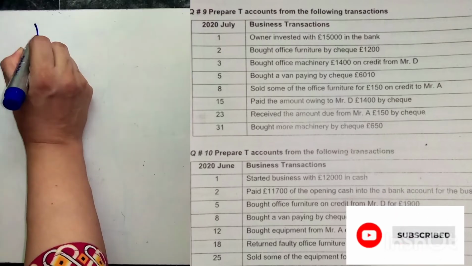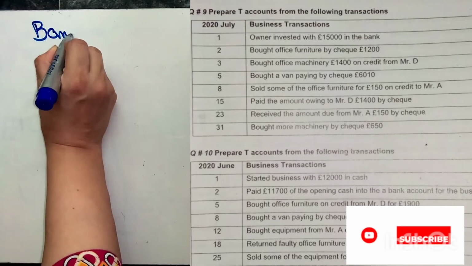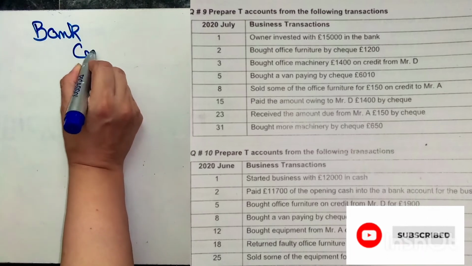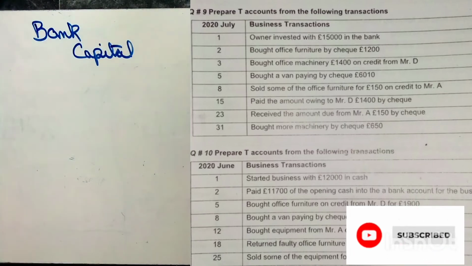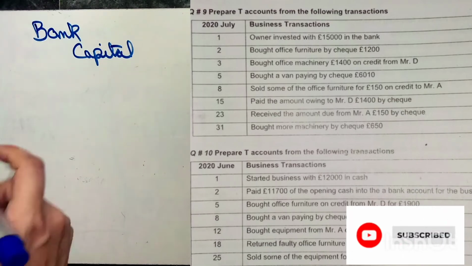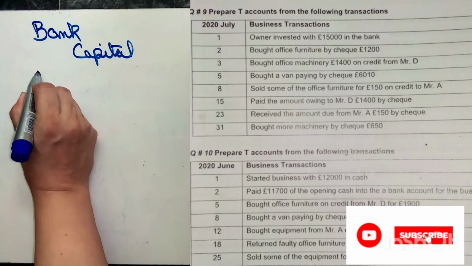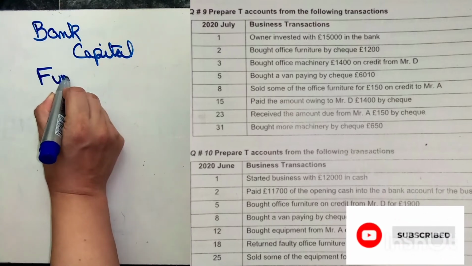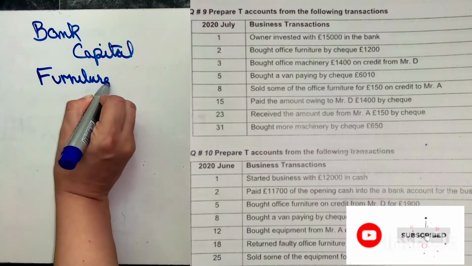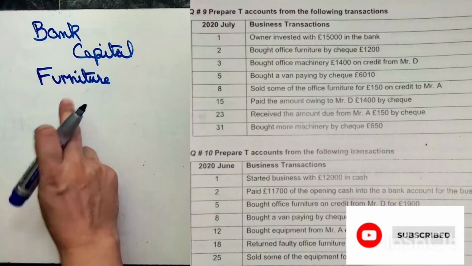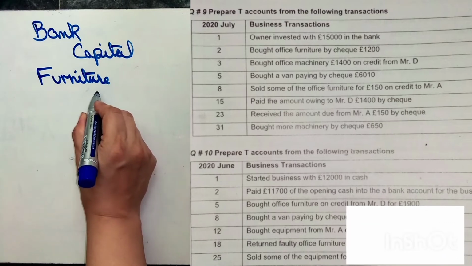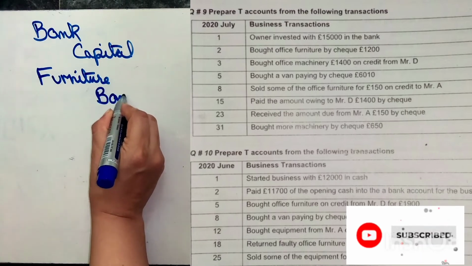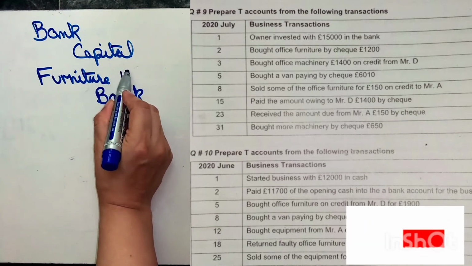So the entry is going to be bank account debit, capital account credit. And then comes bought office furniture by check, 1200. Furniture on debit side, which is an asset, and we paid that amount by check, so we will write it bank to furniture with 1200.